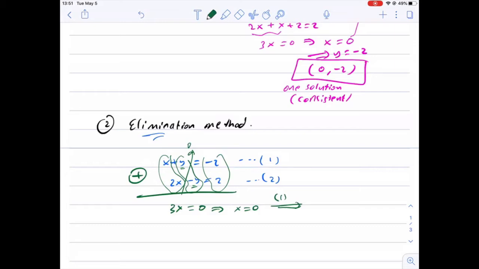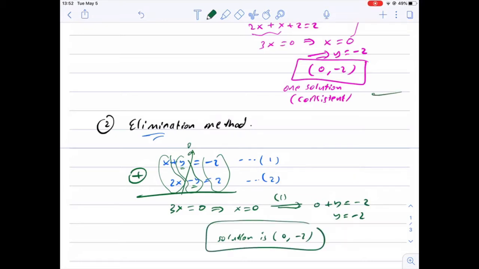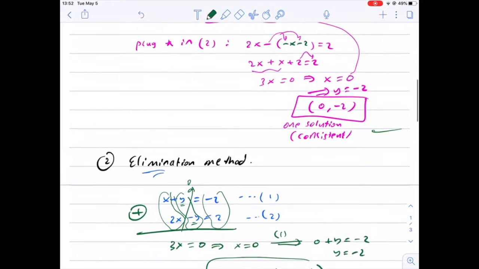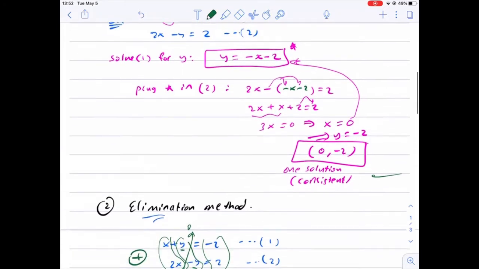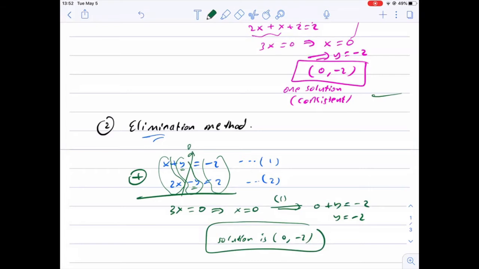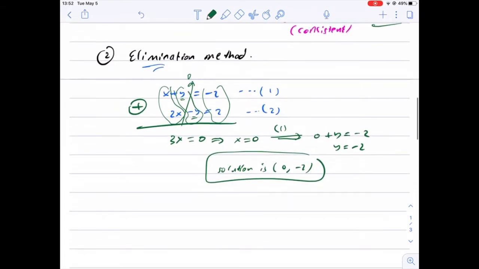Let's substitute into 1. So we have 0 plus y equals -2. That means y equals -2. So the solution is (0, -2). And as you can see, we got the same result as using the substitution method. So these are the most common methods of solving linear systems.